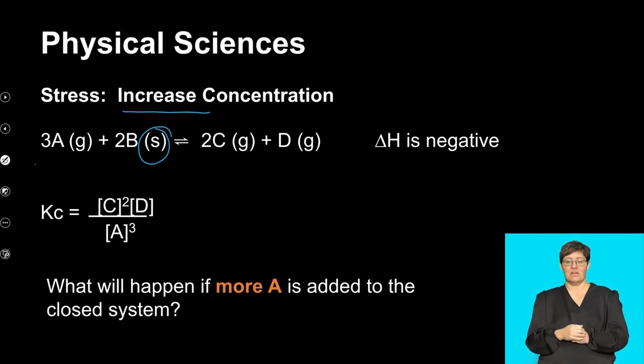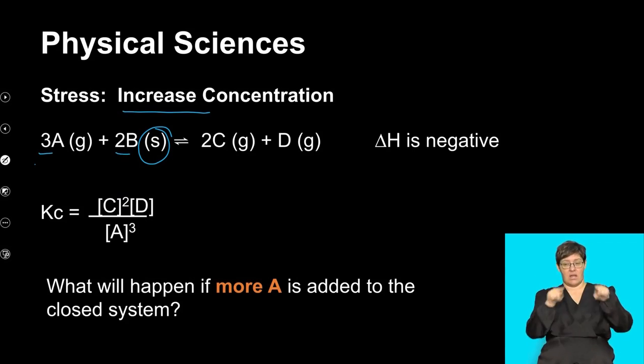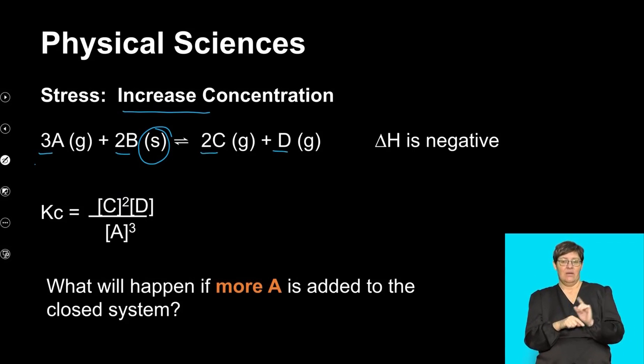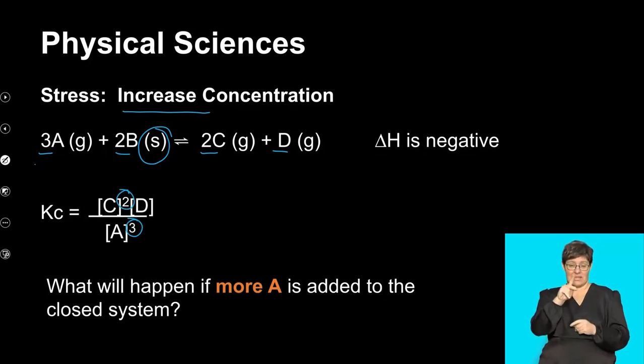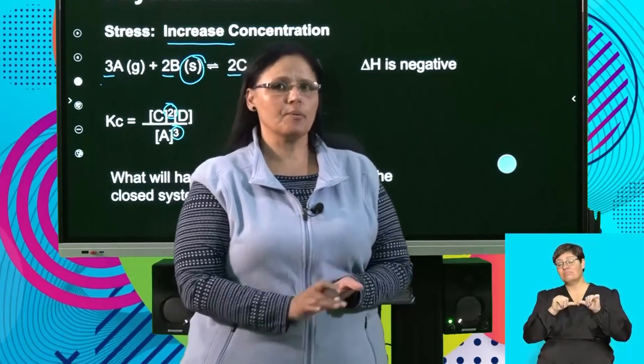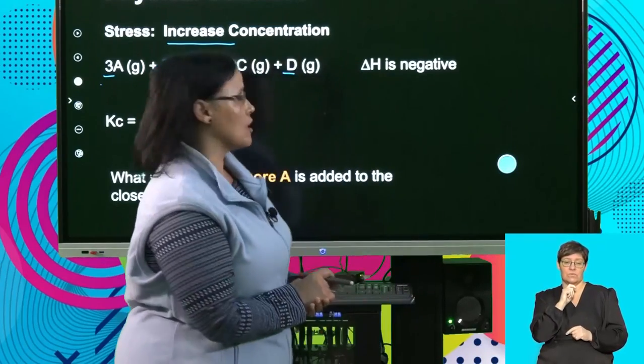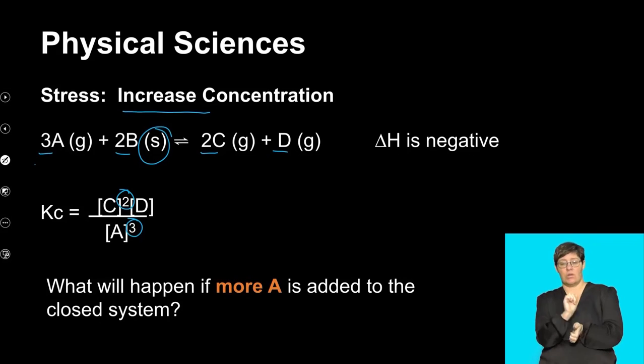Then I've got 2C forming and 1D forming. I just want to remind you that these coefficients become our exponents in Kc. And I want to remind you again that when we work on the Kc, the equilibrium constant, we do not use liquid and solid as part of our expression.